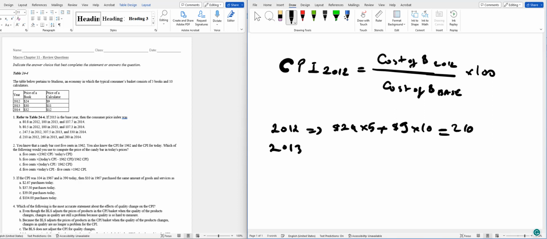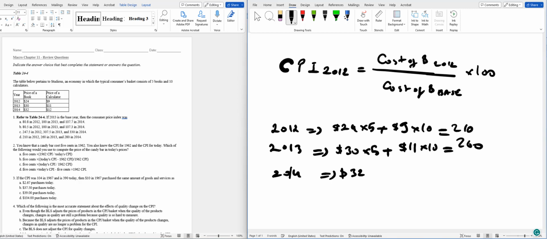And in 2013, now the price has changed to $30 times 5 plus price of the calculator is 11 times 10, and the answer is $260. 2014, the same basket costs, given the price is $32 for the books and $12 for calculators, it is equal to 280. So these are the cost of basket.